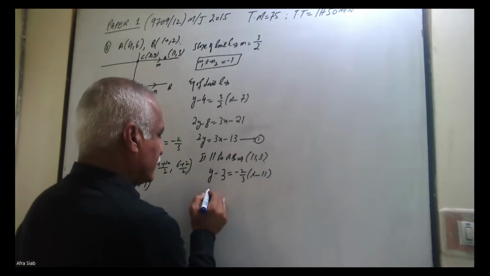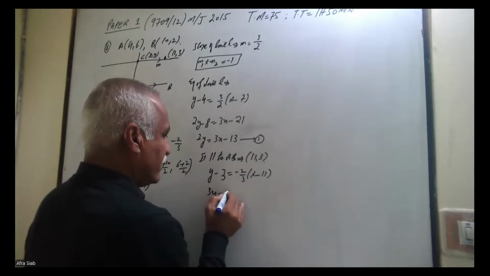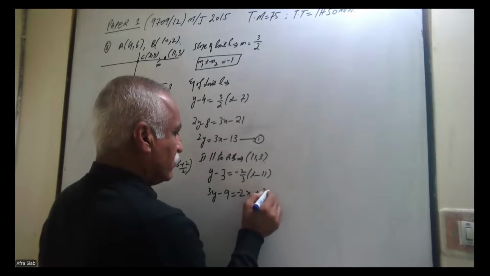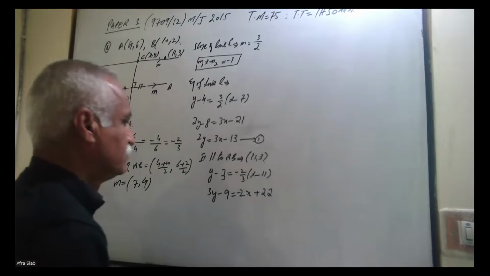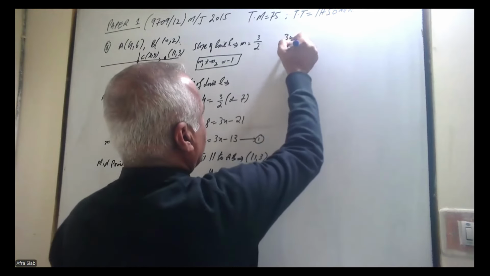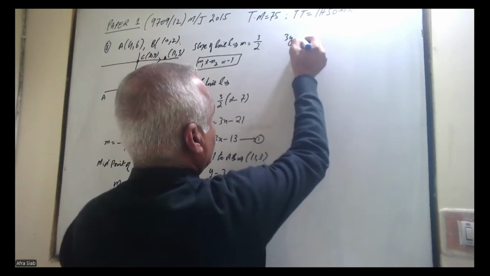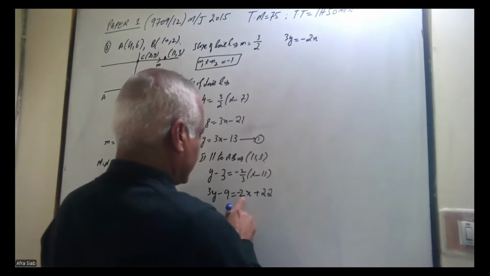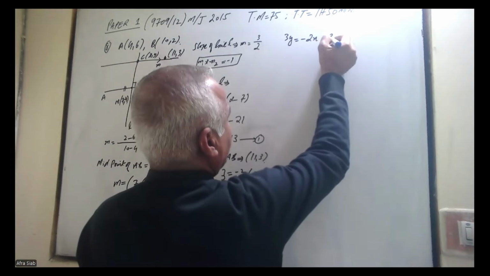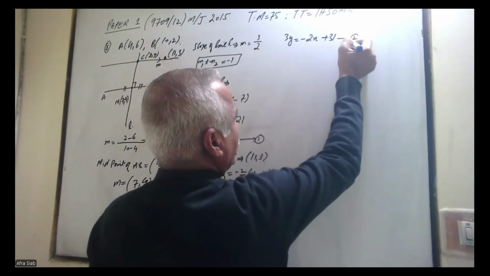This becomes 3y minus 9 equals minus 2x plus 22, and then 3y equals minus 2x plus 31. That is equation number 2.